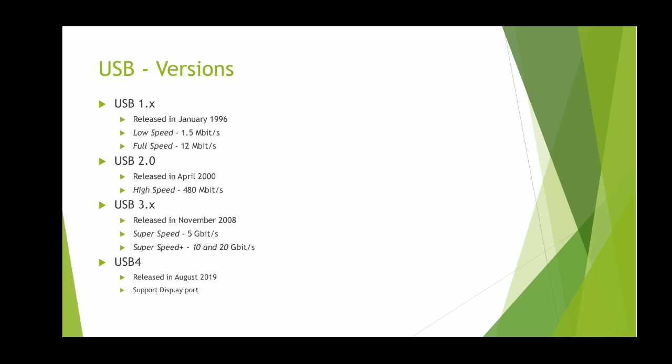Very recently they released USB 4, in August 2019, and it is a modified form of the Thunderbolt port. To communicate in USB 4, you need a USB Type-C connector.